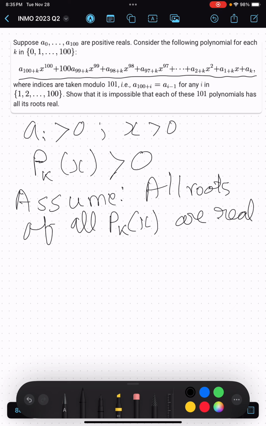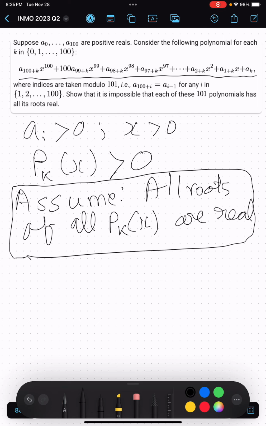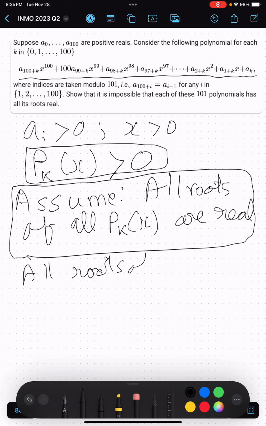We'll try to contradict this statement. If all the roots of p_k(x) are real, and for x greater than 0 we have p_k(x) greater than 0, that means all 100 roots of p_k(x) are negative.